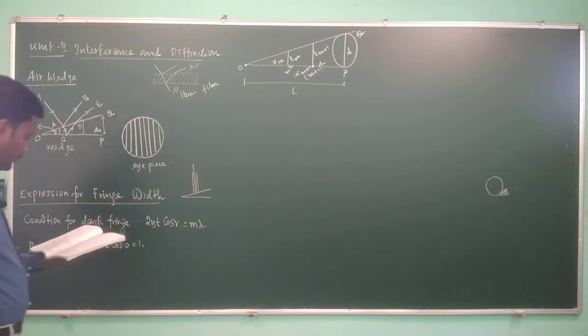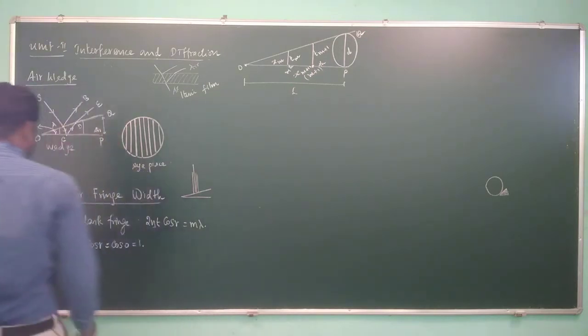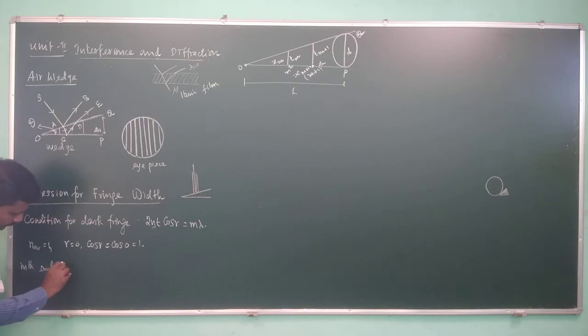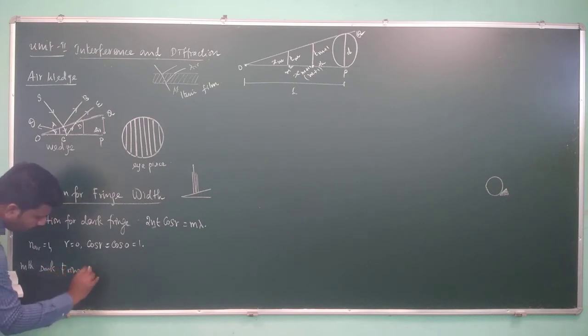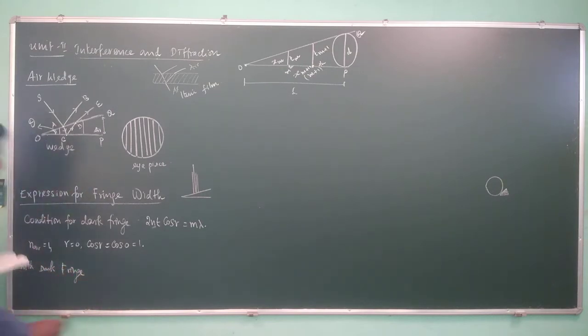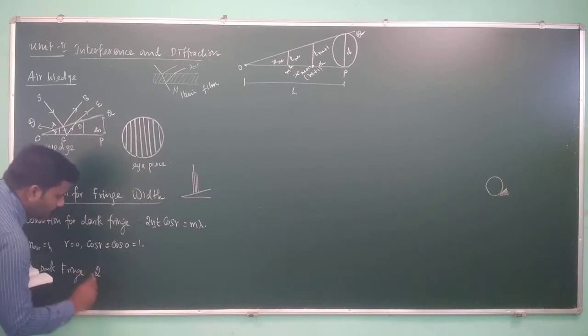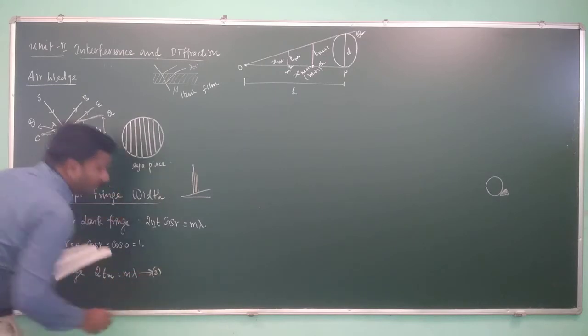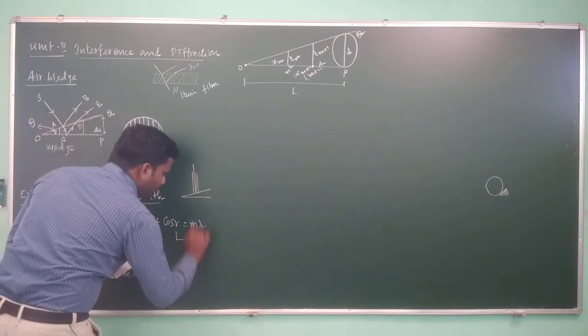Now we can write this expression for the mth dark fringe. The condition for the mth dark fringe is 2 times Tm equal to m lambda. This is equation number 2, and the earlier one is equation number 1.